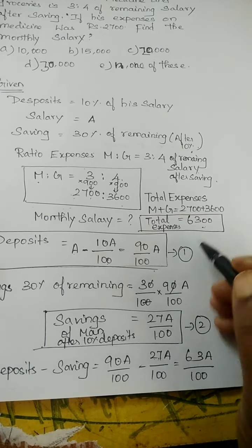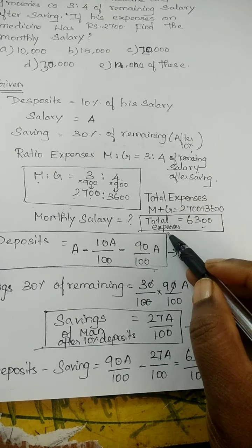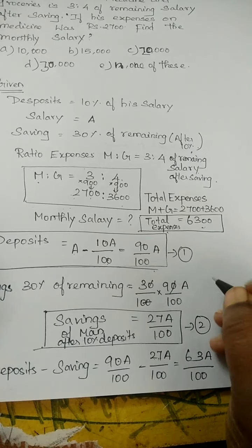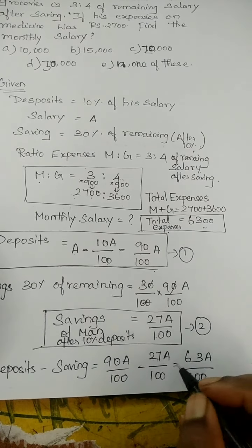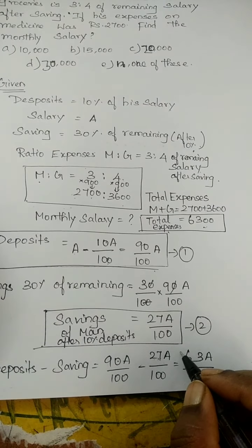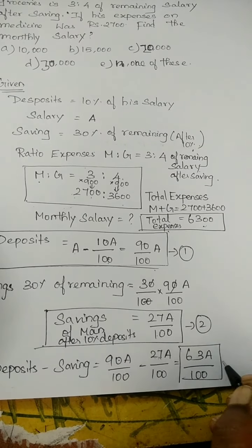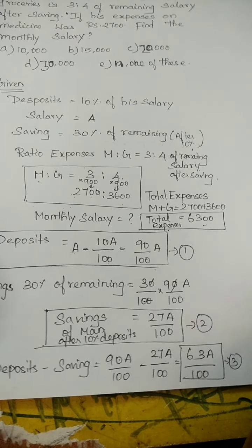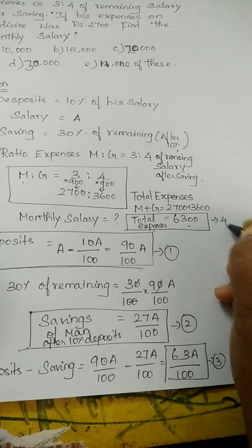Now we already know the total expenses of medicine and groceries. Let's equate it. Consider this one the third equation and this the fourth equation.